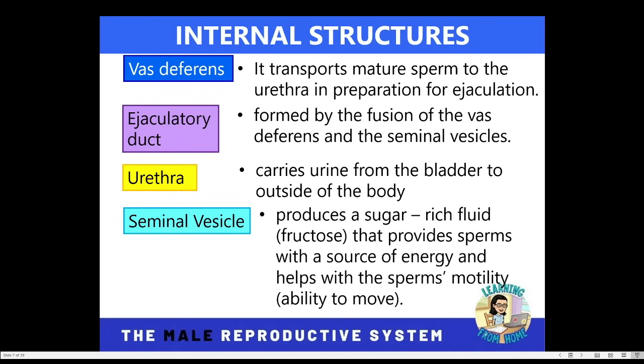Okay, the fluid is rich with fructose, which nourishes the sperms. It gives the sperms energy. Kasi the sperms must be able to move. It must be able to swim its way once it is ejected into the vagina of a female. So, kailangan nilang gumalaw. So, this fructose serves as the energy of the sperms.